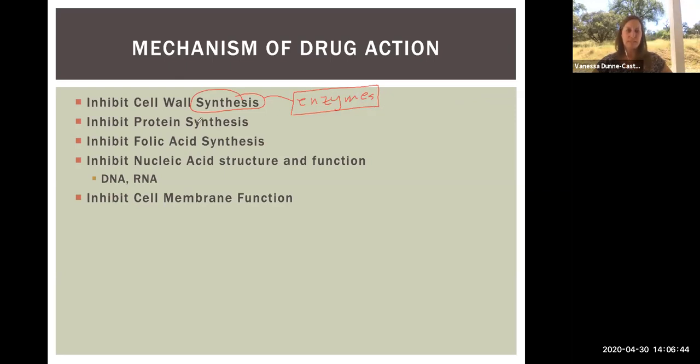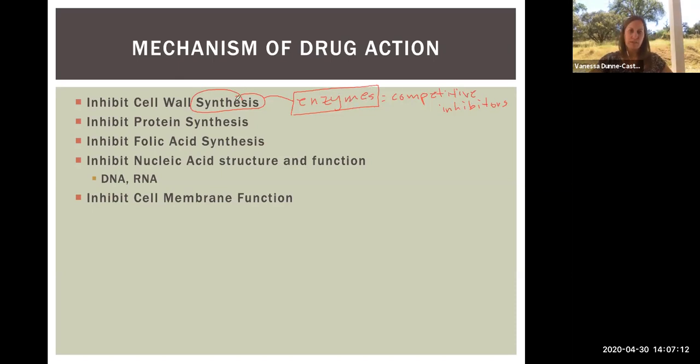Most of these antimicrobial drugs are competitive inhibitors. Which means, if you recall from our metabolism chapter, these guys act as mimic substrates for these enzymes, and they bind covalently, irreversibly to the enzymes, which then inactivates them directly.